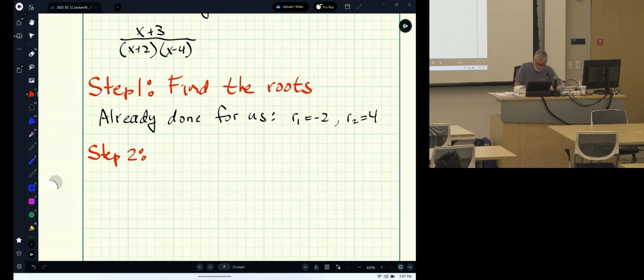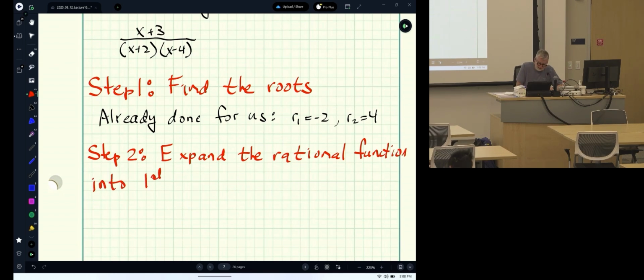Step 2, this is where the expansion comes in. Expand the rational function into first order terms.